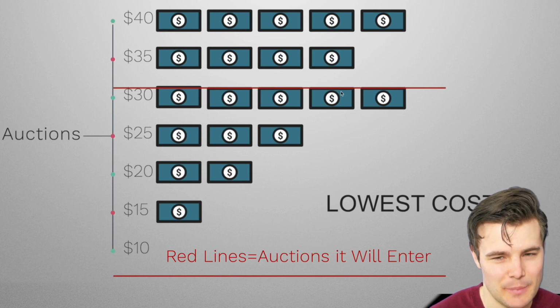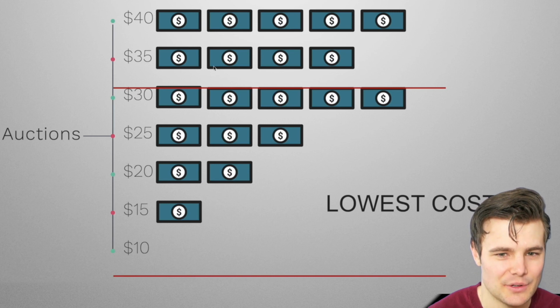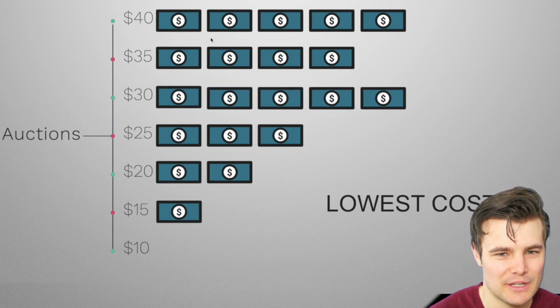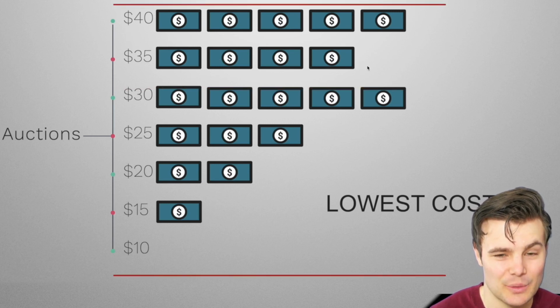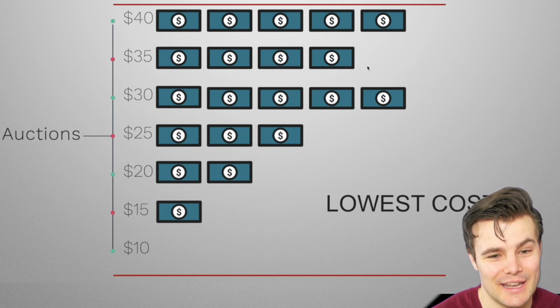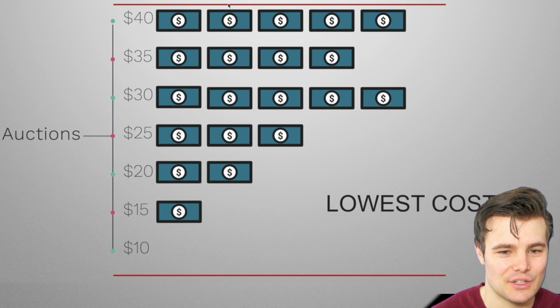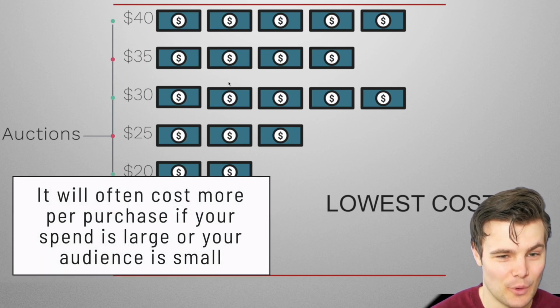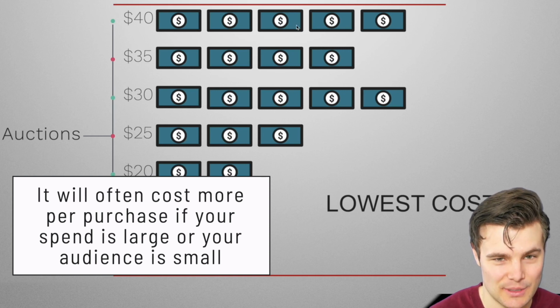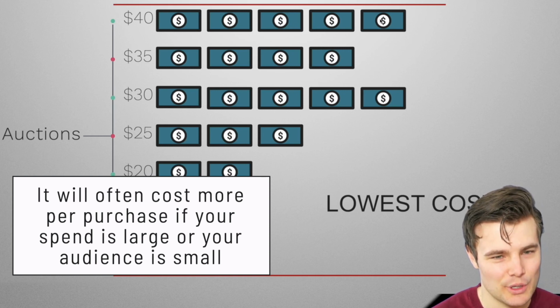So it's definitely going to spend right around $150, enter these auctions, and since your spend is a little low, it's going to ignore these up here. Whereas if your budget's like $1,000 a day, it has to show it to every single person in this audience to hit your spend. And that's often why it'll cost a little more when you're spending a whole lot. Some of those people may be really competitive to get in front of or to get to buy.